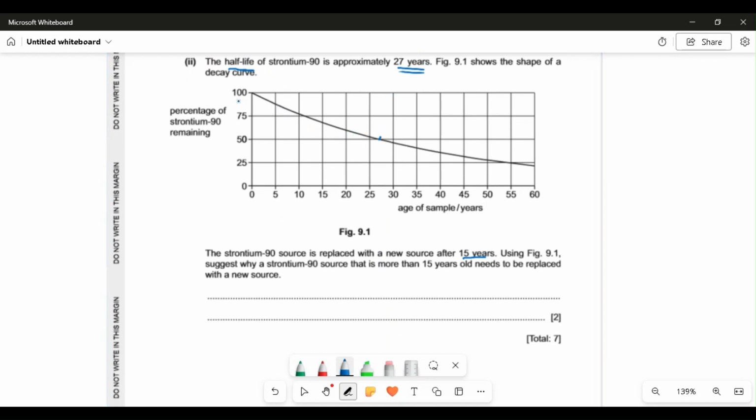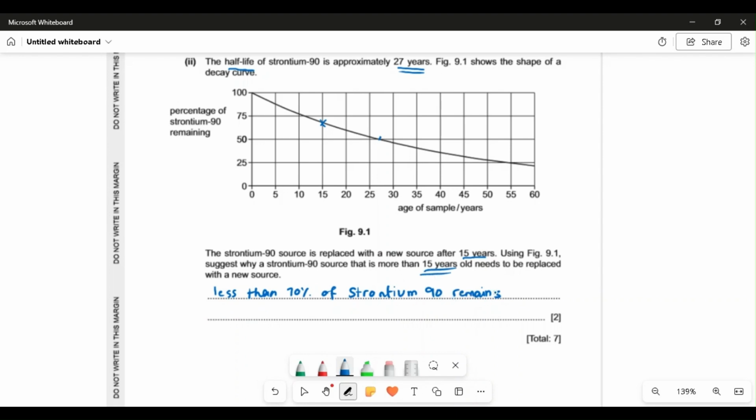We can see from here that within 15 years, almost 70% or less than 70% of strontium-90 remains. So after 15 years, less than 70% of strontium-90 remains.